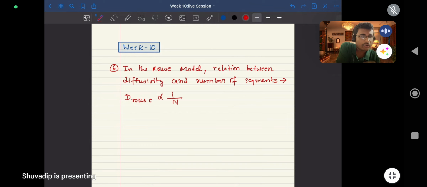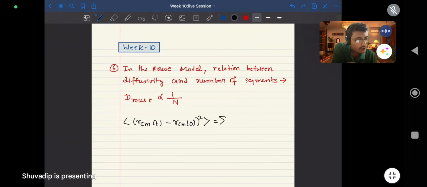How did we get that? If you remember, we calculated a quantity, the mean square displacement of the center of mass, R_CM(t) minus R_CM(0) whole square, averaged, and we can write down all three components like this.